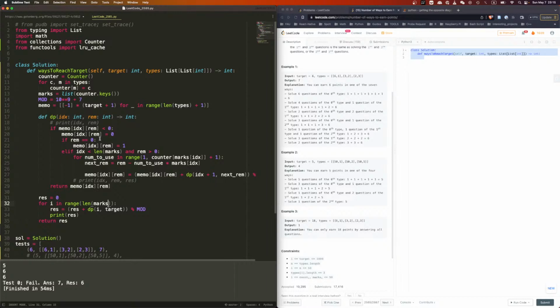If it's equal to 0, right? But now remaining is 6. Index is 2. Remaining is 1, yeah? For number to use, I use 1 or 2, right? And I use 1. Next remaining is remain minus 1 times 3, will be 3.